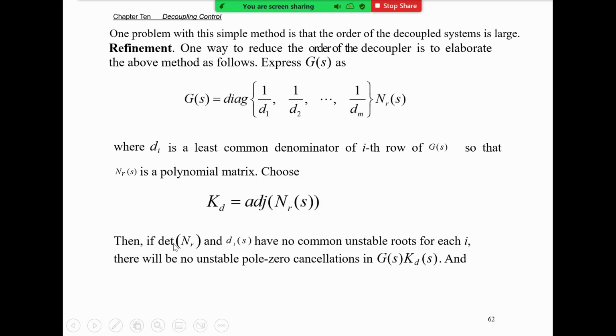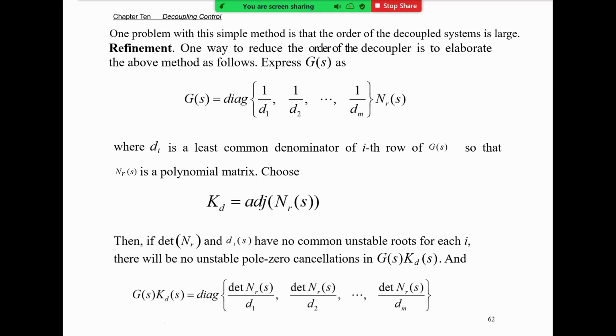As long as the determinant of NR and the common denominators have no common unstable roots, it will work. Then this will be the answer for the decoupled system. The answer is different from the previous one. For the previous one, all the subsystems are the same, but here the subsystems are different. But it has its own advantage. It can simplify the design and reduce the order of the system.